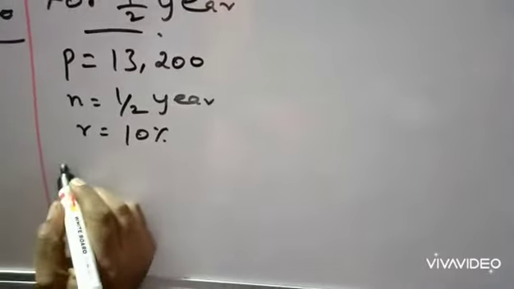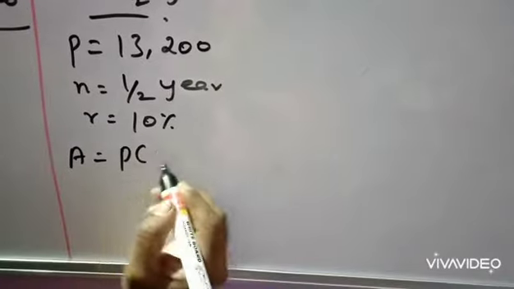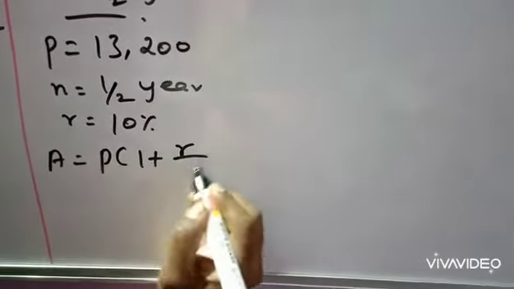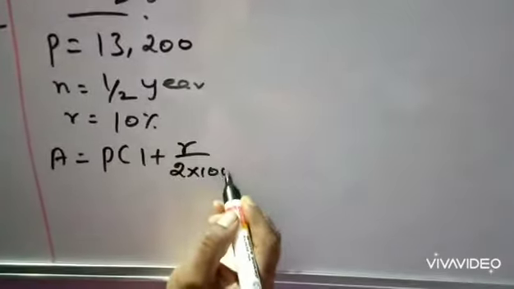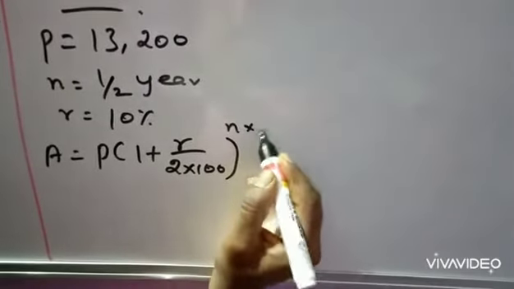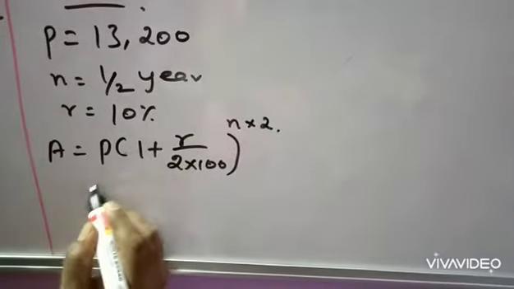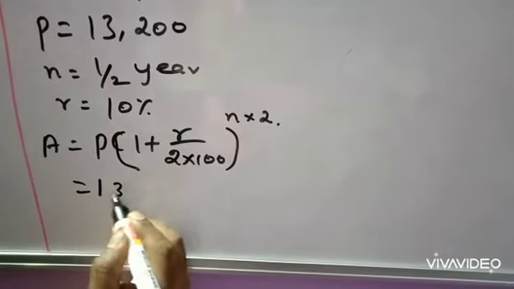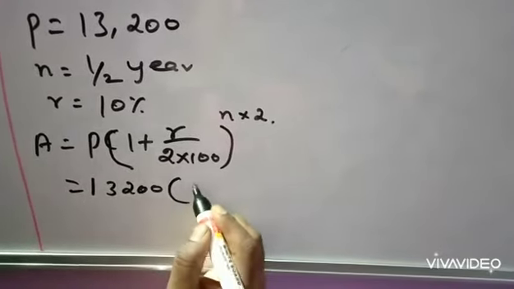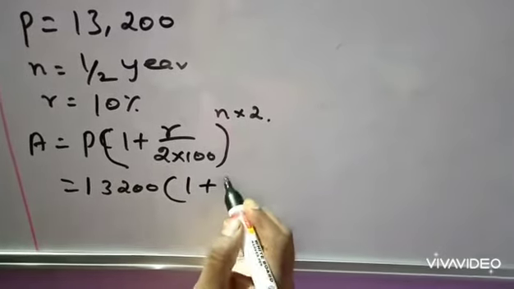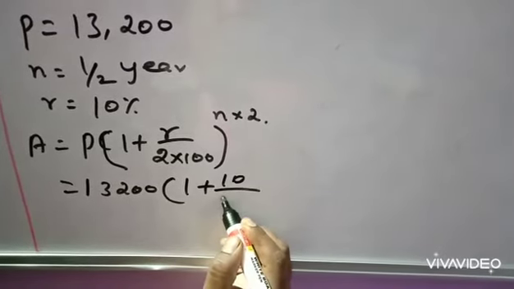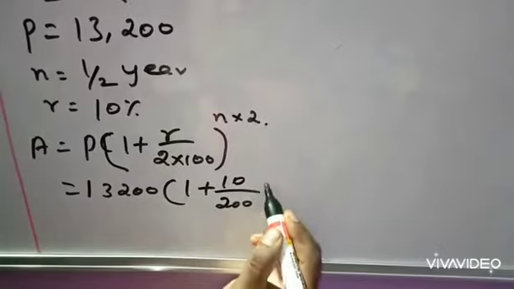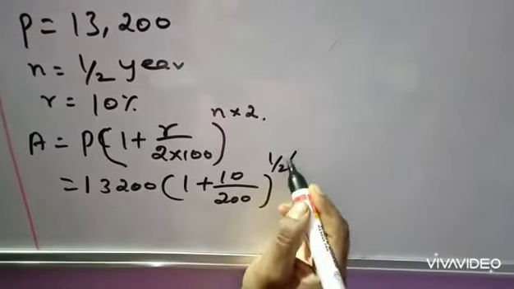For half yearly, amount equal to P into (1 plus R by 2 into 100) power n into 2. So we can apply the values: 13,200 into (1 plus 10 by 200) power 1 by 2 into 2.